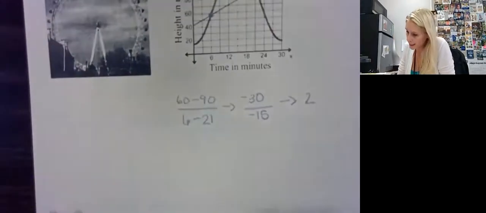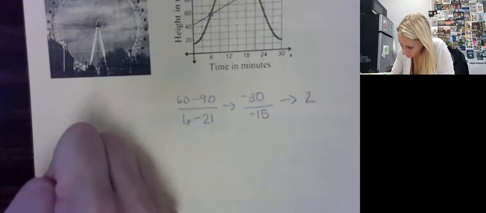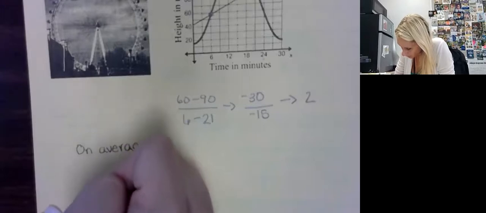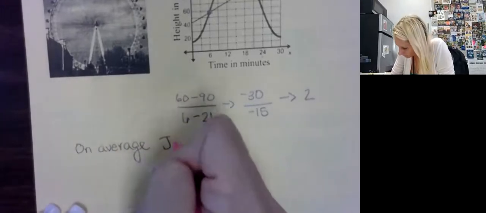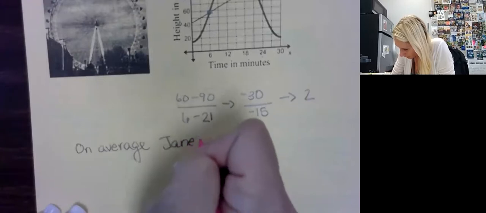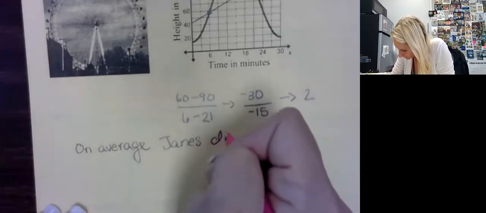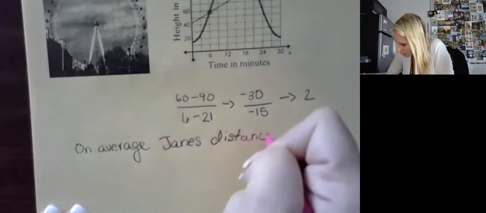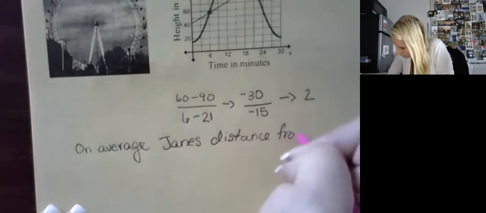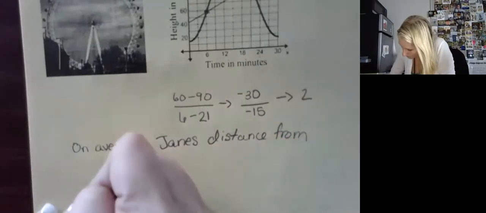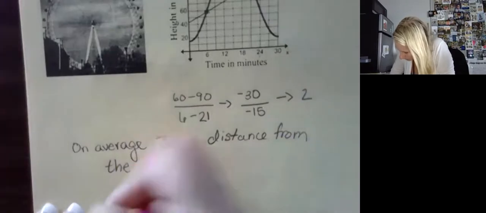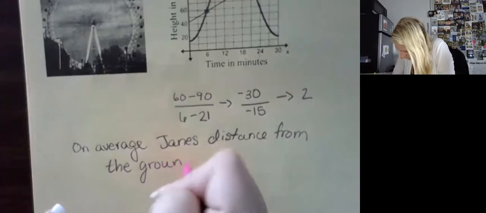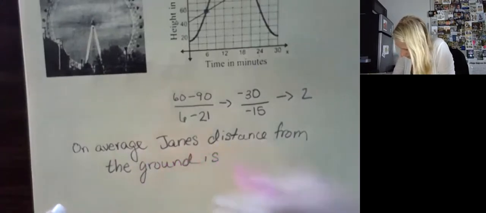So when we write our sentences, we say, on average, Jane's distance, sorry guys, my light went out, distance from the ground is, now let's interpret.